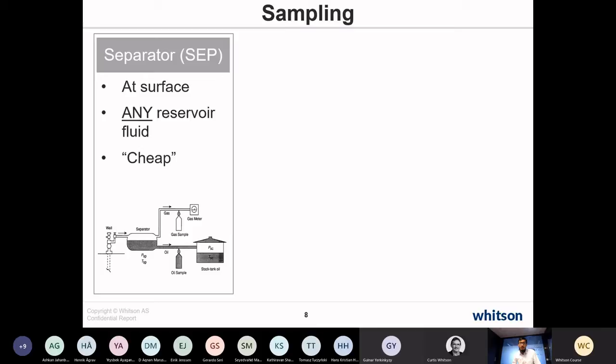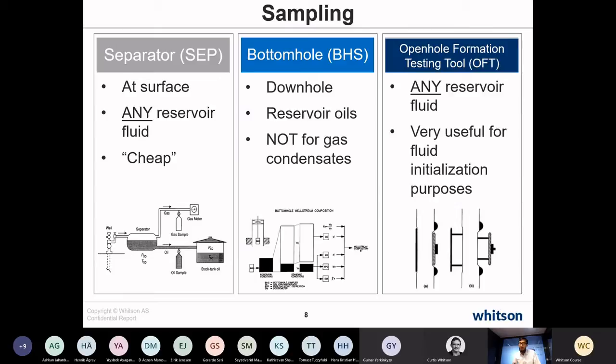Now we are jumping into the different types of sampling. There are mainly three types. The first one is a separator sample, on the left. We already know that we collect separator samples at surface, and we can do separator sampling for any type of reservoir fluid, like gas condensate, volatile oil, and black oil.